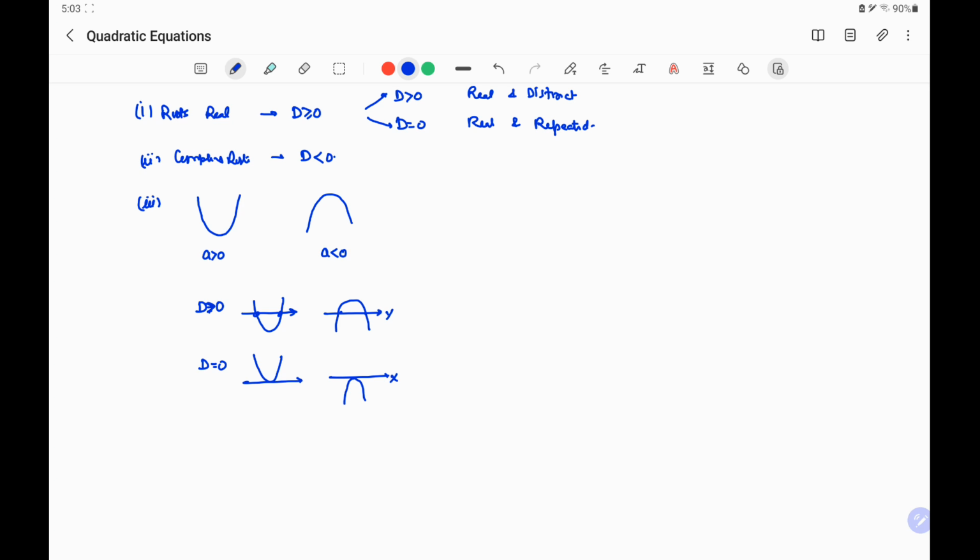This is the x-axis. Similarly, if D is less than 0, then the parabola does not cut the x-axis; it is either totally above or below the x-axis.